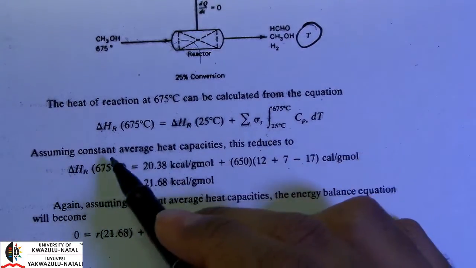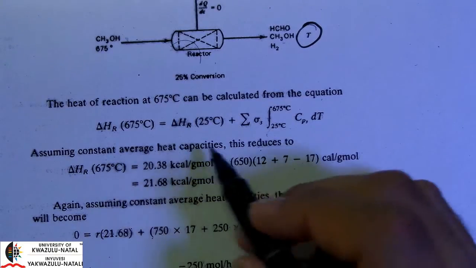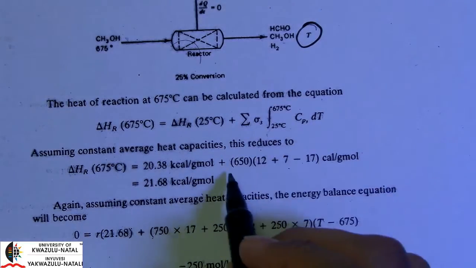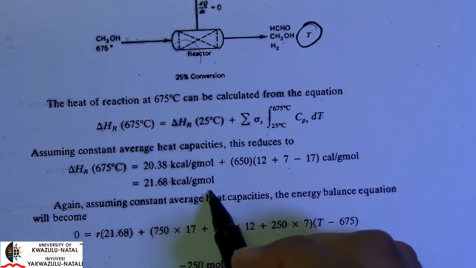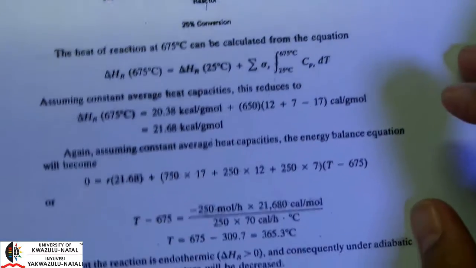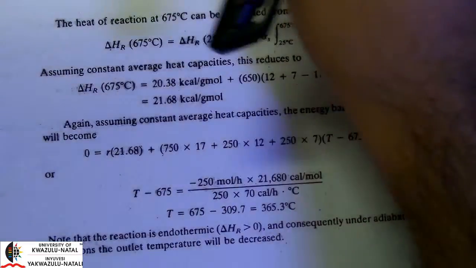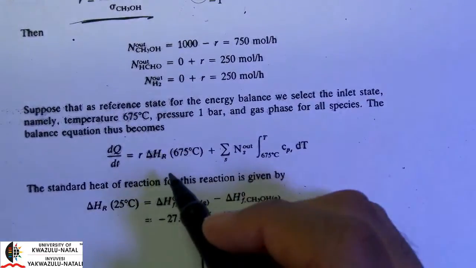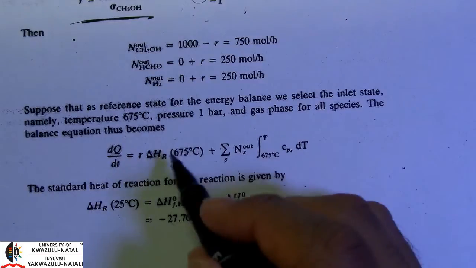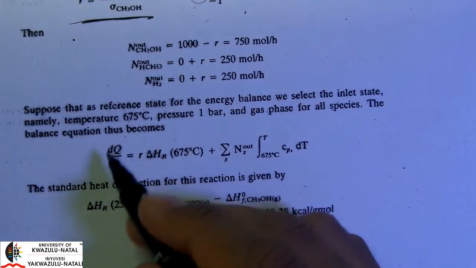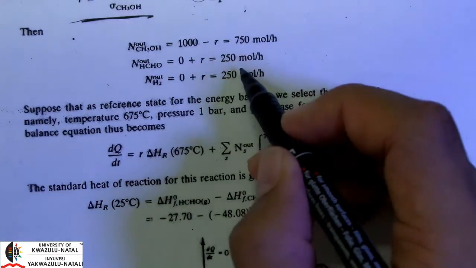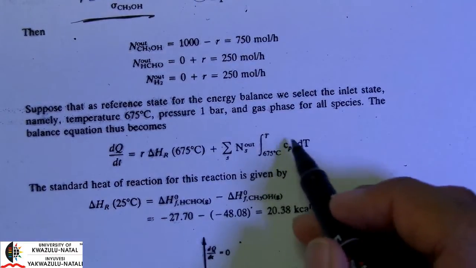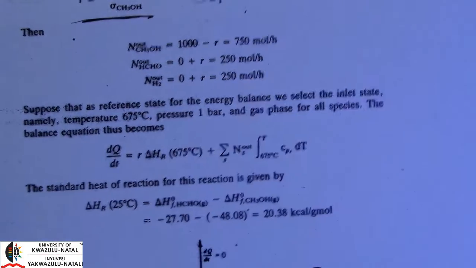Okay, and by making use of our constant heat capacities, this becomes quite a simple solution for delta HR. And once we have that, we found our delta HR, we found our R, dq/dt is 0, we know our outputs, and we have our average heat capacities.